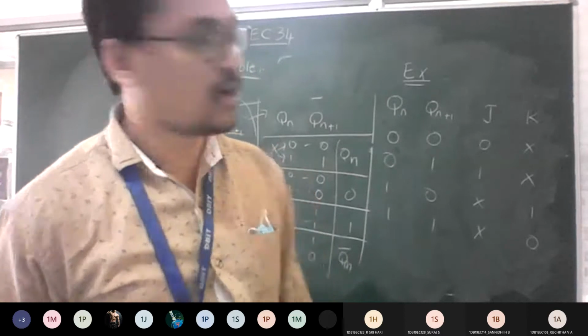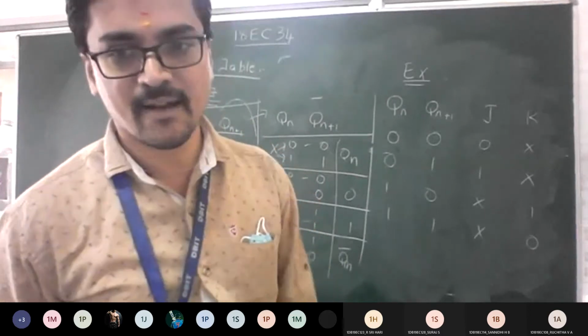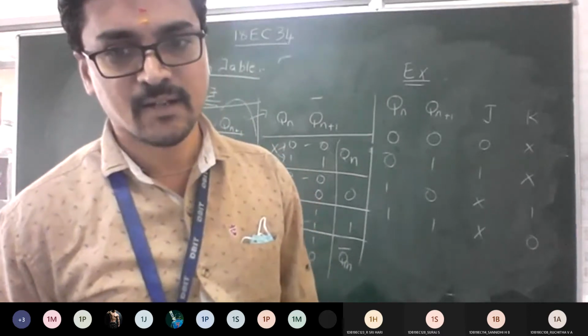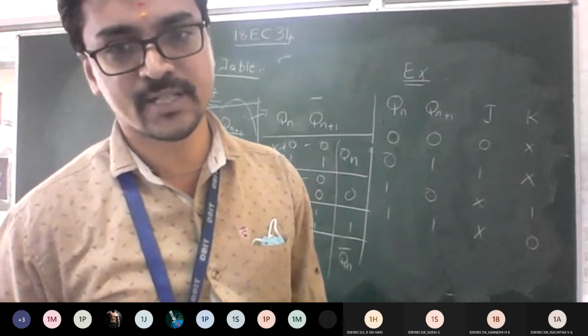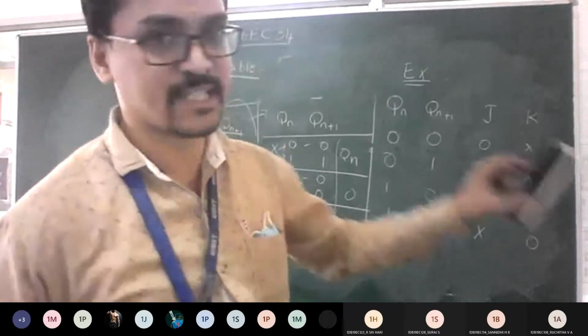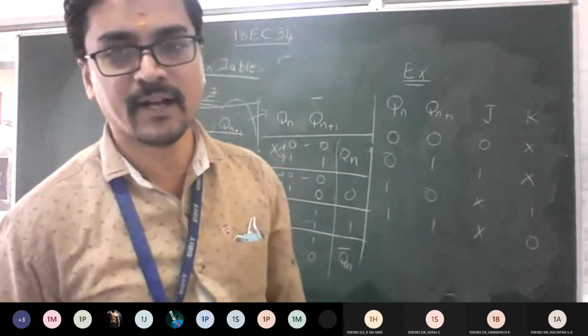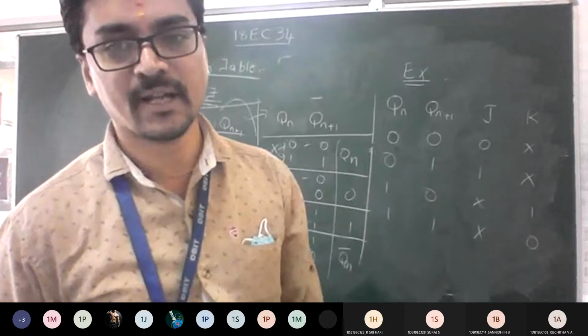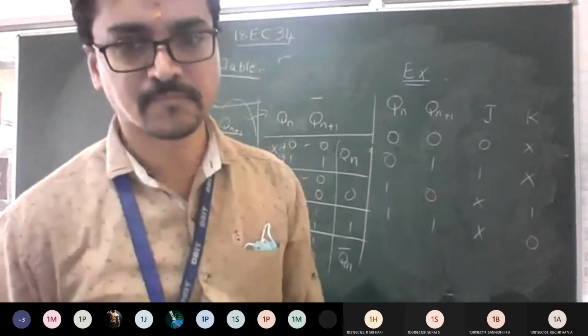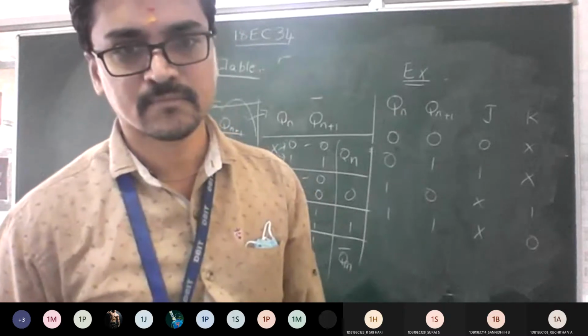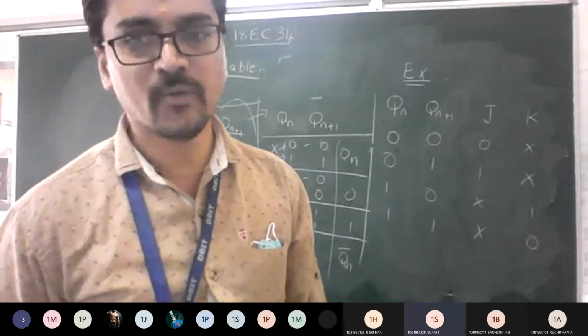Okay. So since JK and SR have 2 inputs, 4 combinations, you got the excitation table. Think about D and T flip-flop. How many inputs do you have? Only 1.